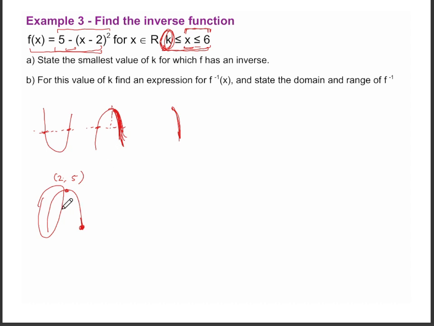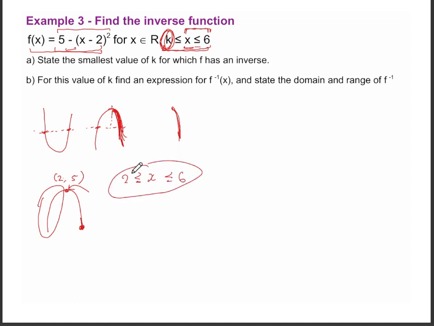If you can guess, the smallest value is going to be the vertex, because up to the vertex you still have a one-to-one function. So your smallest value for k would actually be 2 because of your vertex. So 2 is less than or equal to x, which is less than or equal to 6.